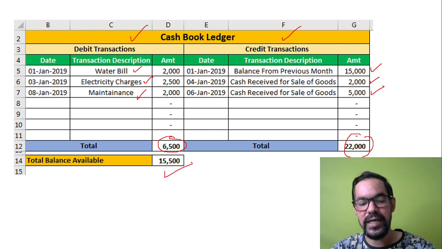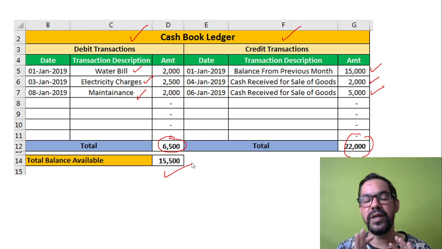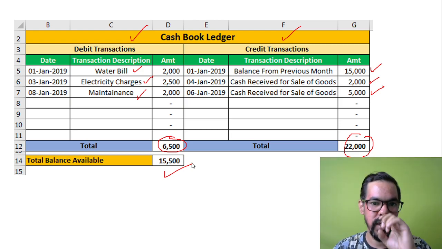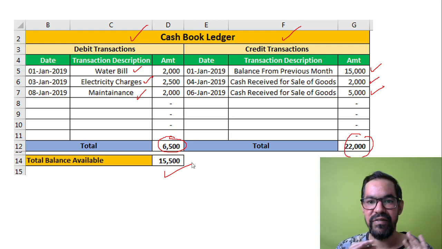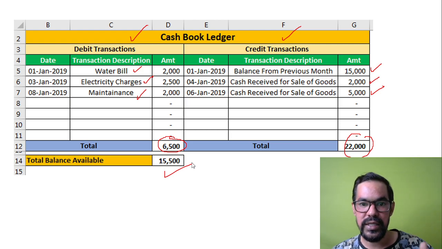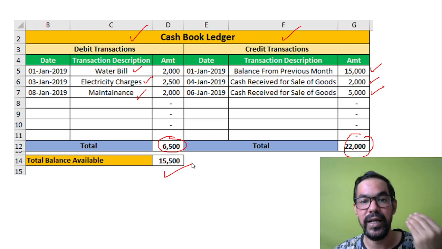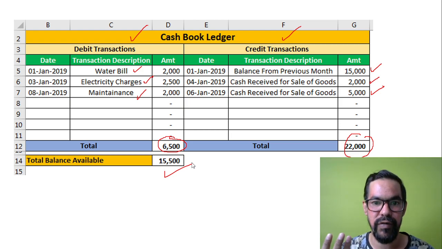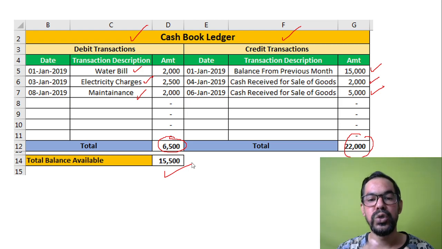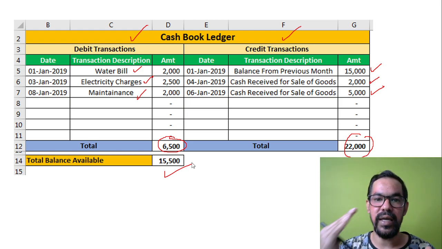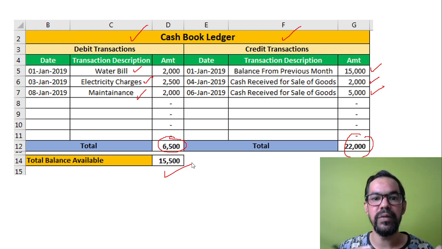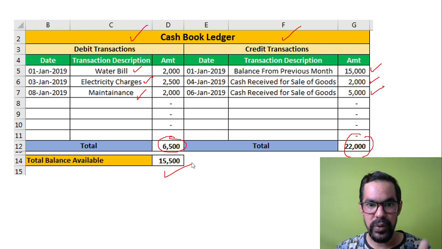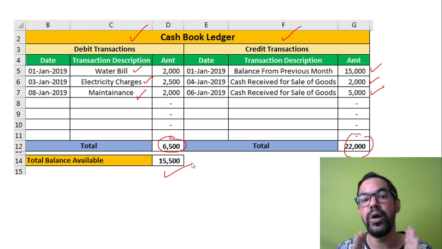Whenever you talk about the cash book, after this original entry, these entries are transferred to the ledger. Let's say we have three different vendors, A, B, C. We did a sale with A, with B, and with C, so we will keep a different account for all the vendors.